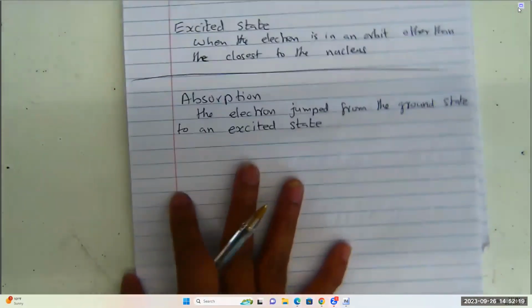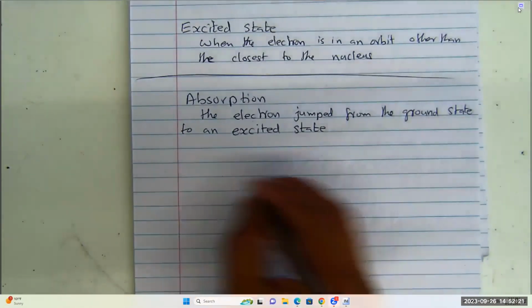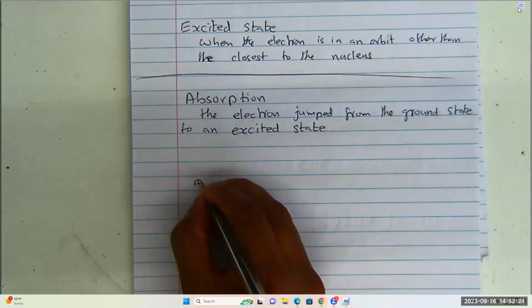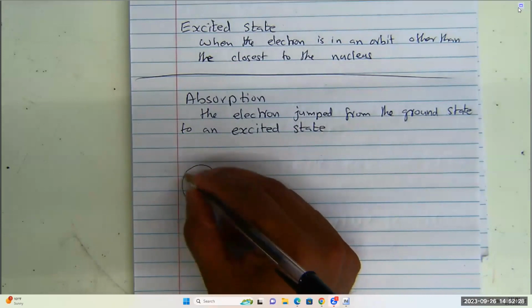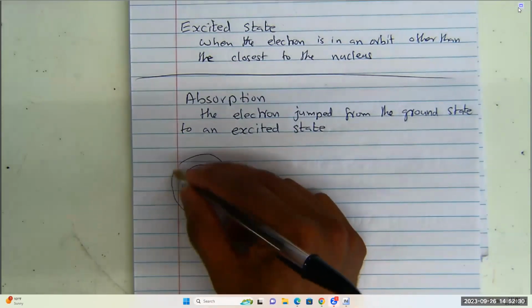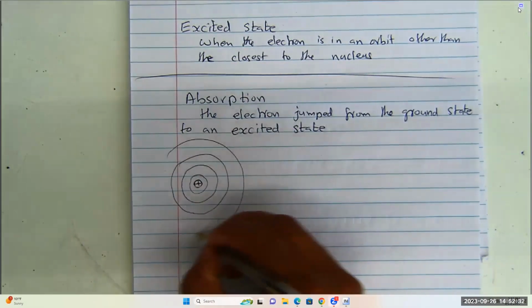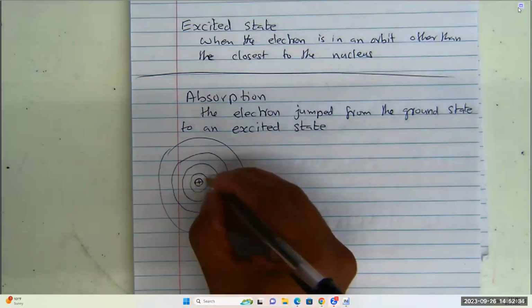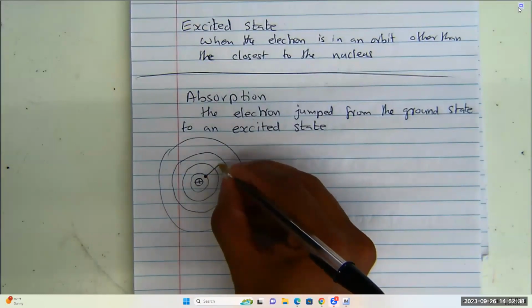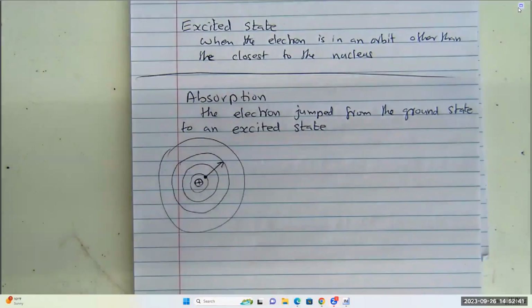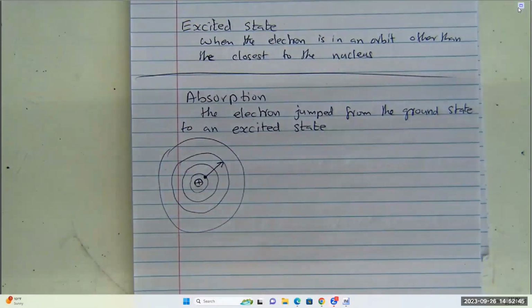So in other words, if we make a small picture here of the Bohr model, here's our nucleus. Here's orbit 1, orbit 2, n equals 3, n equals 4. The electron went from n equals 1 to n equals 4 in our case, or some other state. Higher energy state, right?